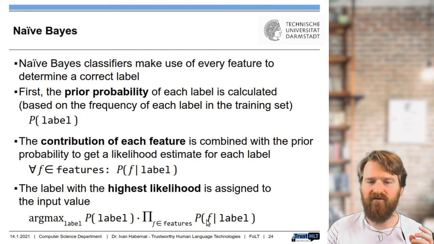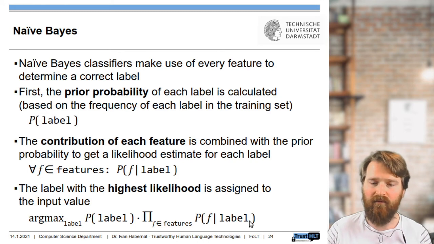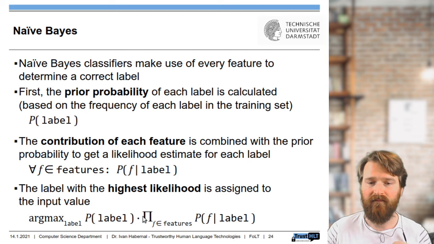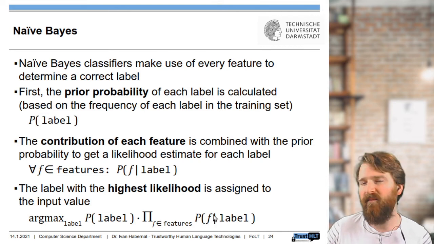So the probability of feature 1 given label A is independent of the probability of feature 2 given label A. And from probability theory, we know that if we have independent probabilities, we multiply them to get a joint probability. So in this respect, we consider features independent, which is not the case.